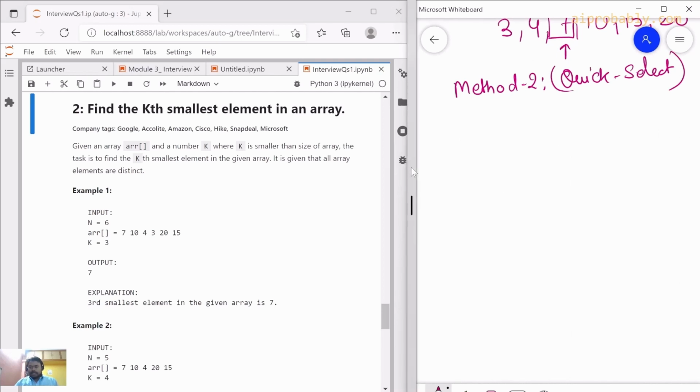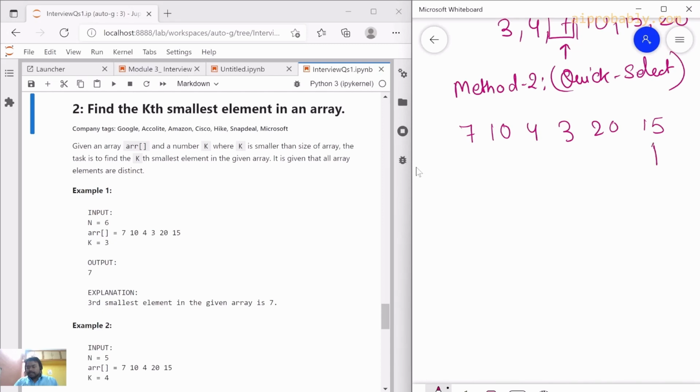Take the same example here: 7, 10, 4, 3, 20 and 15. Here also we take the value 15 as the pivot element. If you recollect, in quick sort also we take the pivot element as the last element. You can take any element as pivot, but for now we assume the last element is the pivot.